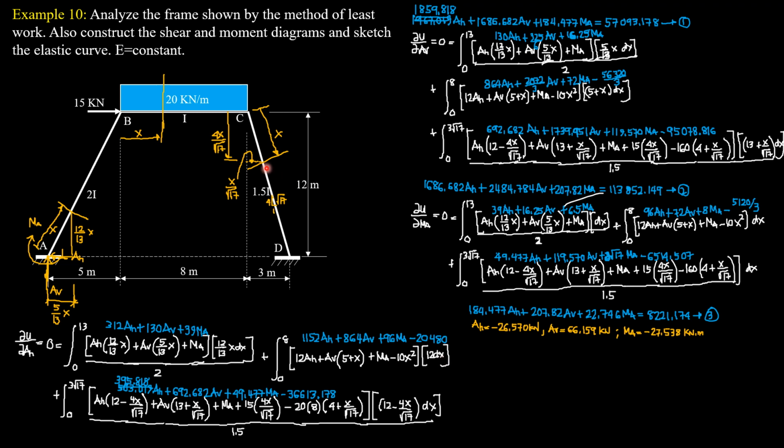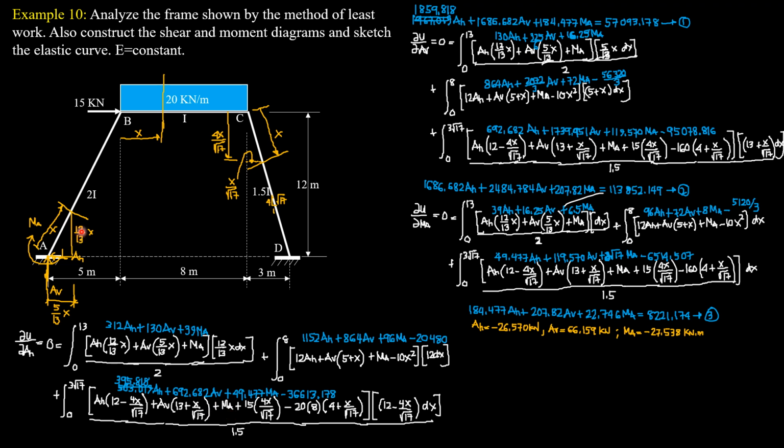And finally, in this section here, the moment is AH times 12 minus 4x over square root of 17, plus AV times 5 plus 8, 13, plus x over square root of 17, plus MA.